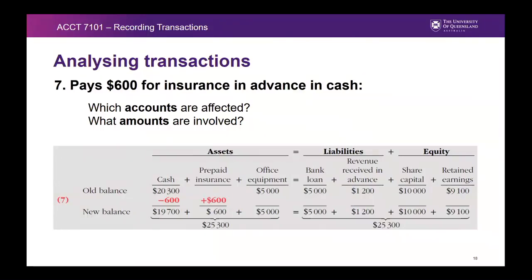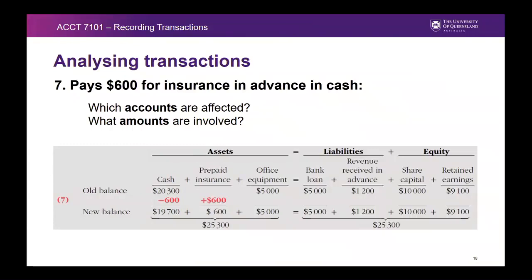This is a prepayment, so we've got a prepaid asset. In this case, it's prepaid insurance. So we've acquired a new asset. This is before the insurance starts to operate. So we recognise a prepaid insurance asset and we've paid out cash for it. So we're decreasing the cash asset and recognising a new prepaid insurance asset.